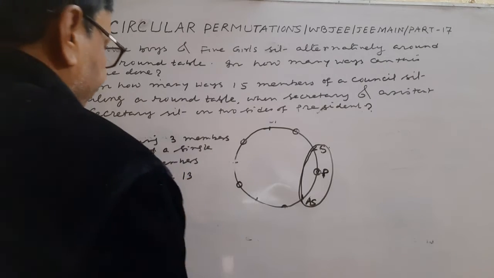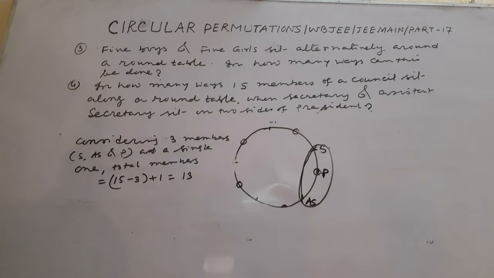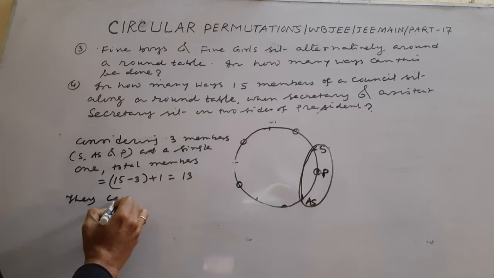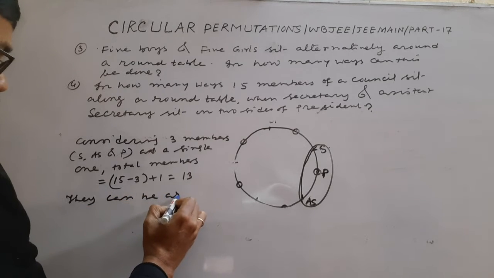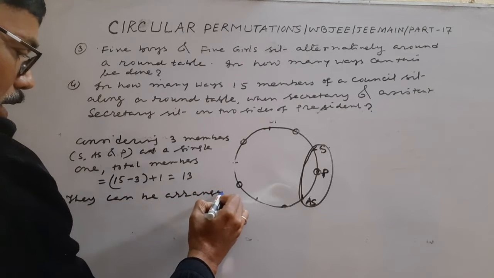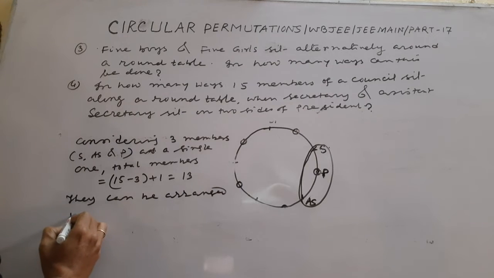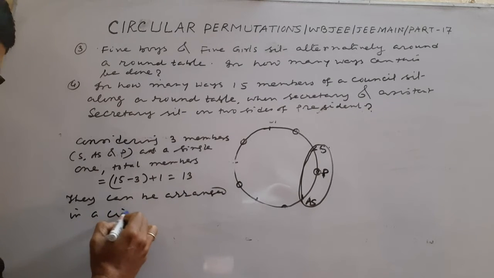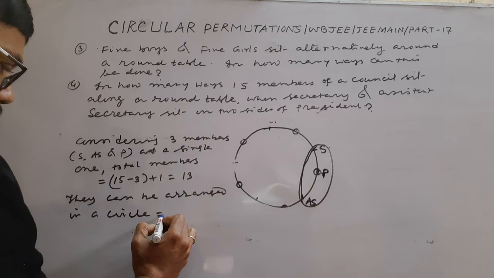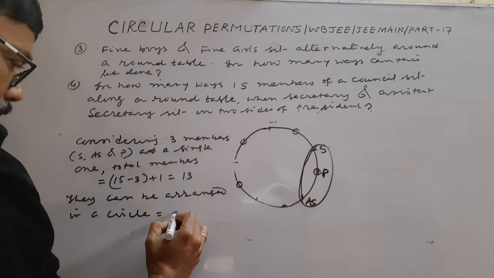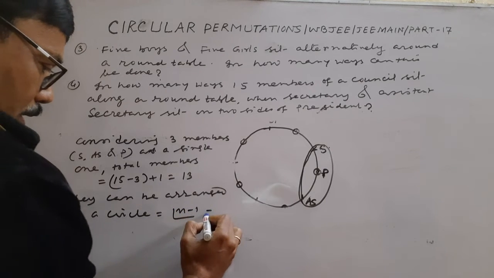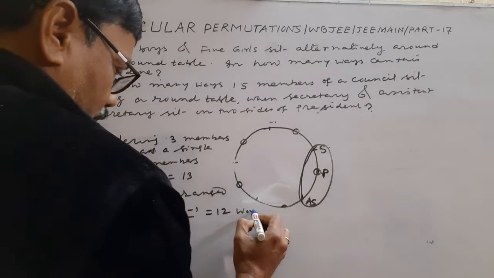So 13. So they can be arranged in a circle in factorial n minus 1, equals factorial 12 ways.